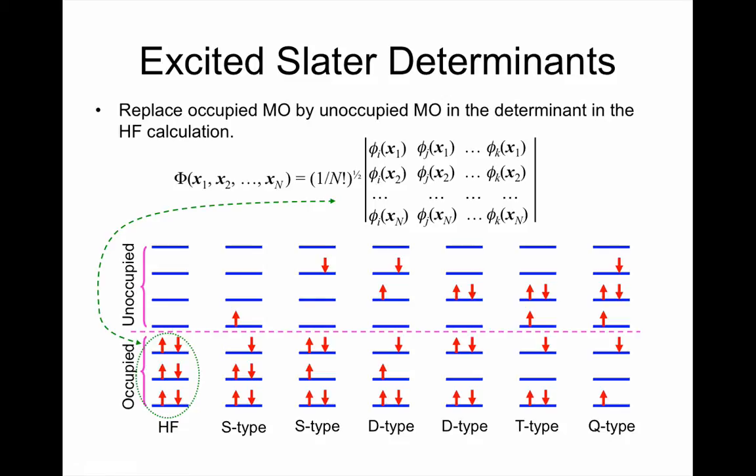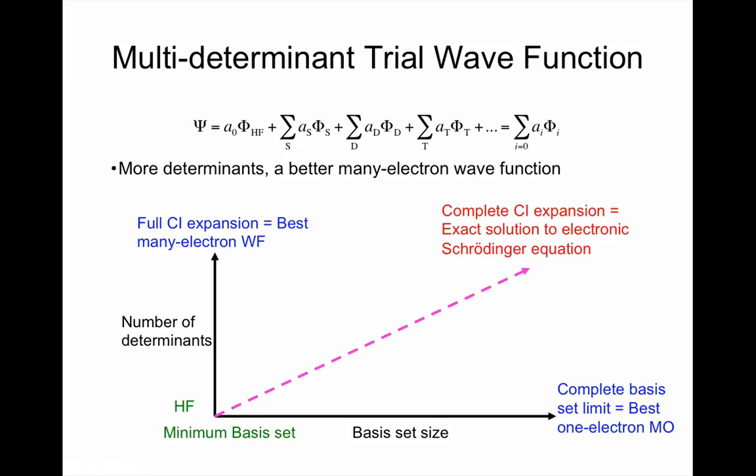And we can continue doing this until we don't have any more electrons in our system. That is, in the X-type Slater determinant, we would have promoted X electrons into the unoccupied molecular orbitals. So by doing this, we can construct a very, very large set of new determinants.